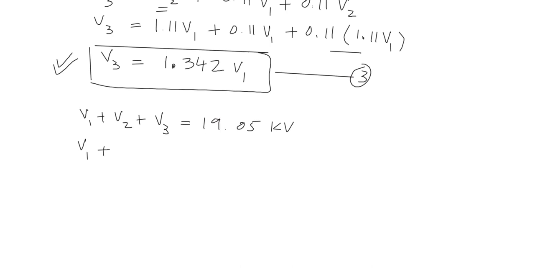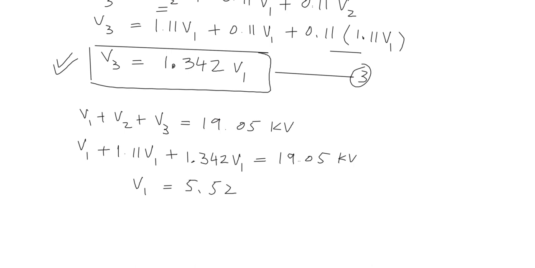V2, we will plug in the value which we determined earlier, which was 1.11 V1, plus V3, which will be 1.342 V1, and this is equal to 19.05 kilovolt. So now if we solve this, V1 will be equal to 5.52 kilovolt.